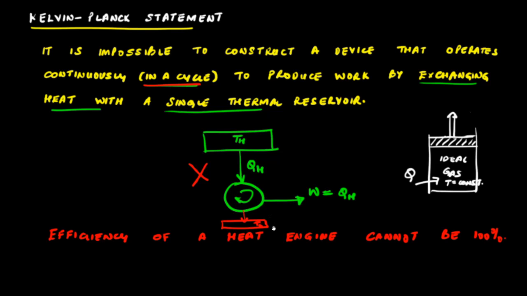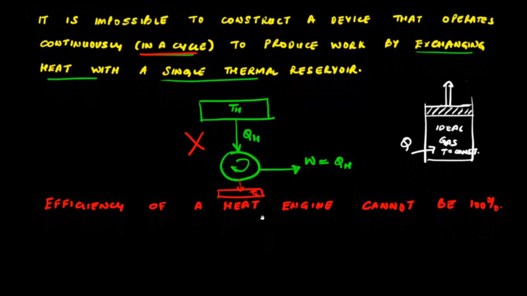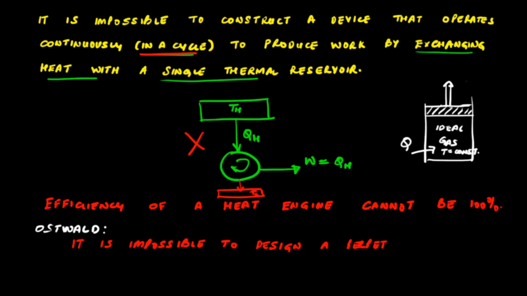Now, the Kelvin-Planck statement can also be stated in terms of the statement by Ostwald, that is, it is impossible to design a perpetual motion engine of the second kind. What we mean by this is a machine that operates in a cycle and does work while taking heat from a single thermal reservoir, such as the one shown here, and it is not possible to have such a device according to the Kelvin-Planck statement, and the Ostwald statement says the same.